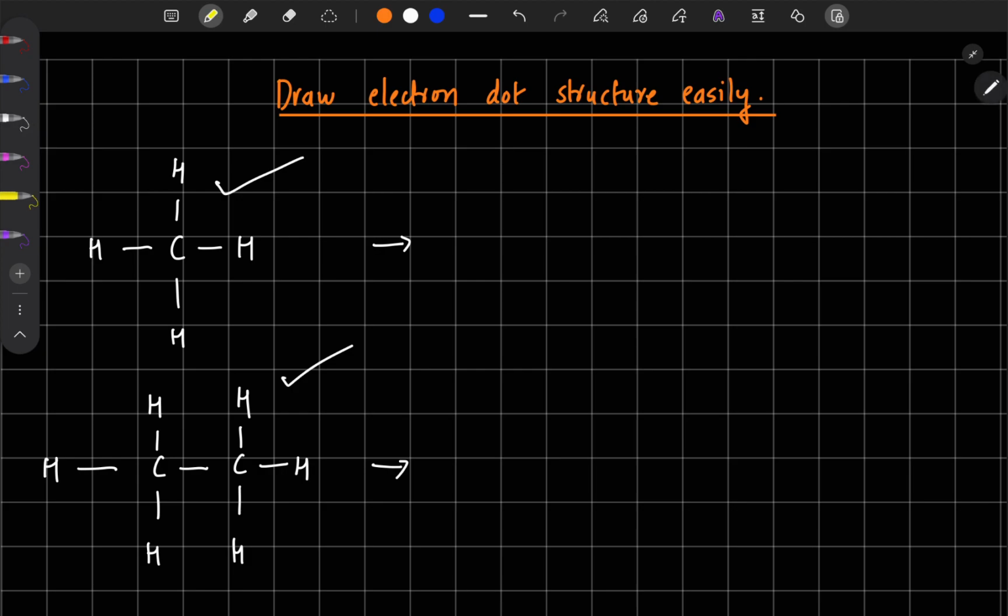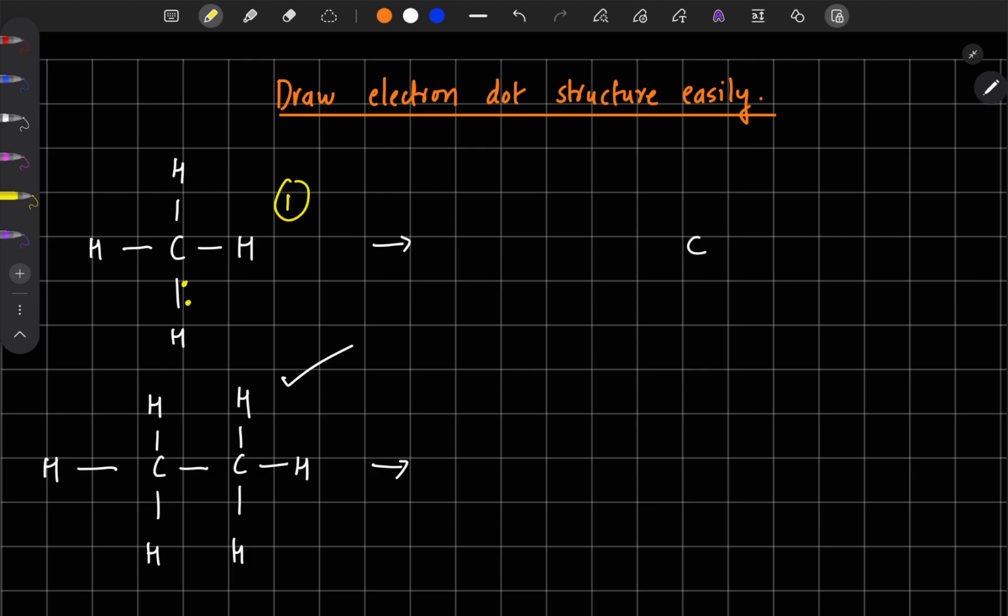The first thing you need to do is draw this diagram, then redraw it like this. There is a center carbon, and each of these bonds means two electrons are shared.